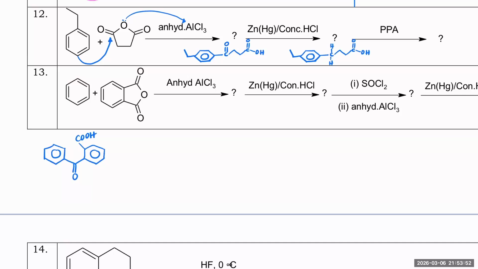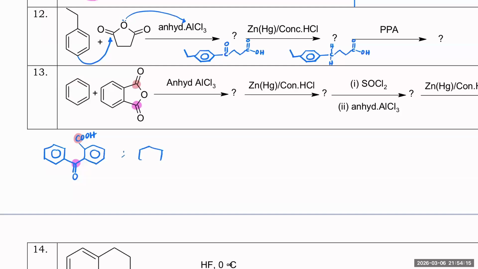So just for your understanding, this carbon and this carbon are the same. So I'll just mark it down. This carbon and this carbon are the same, and this carbon and this carbon are the same. Okay, right. So after that, we are making a reduction here.